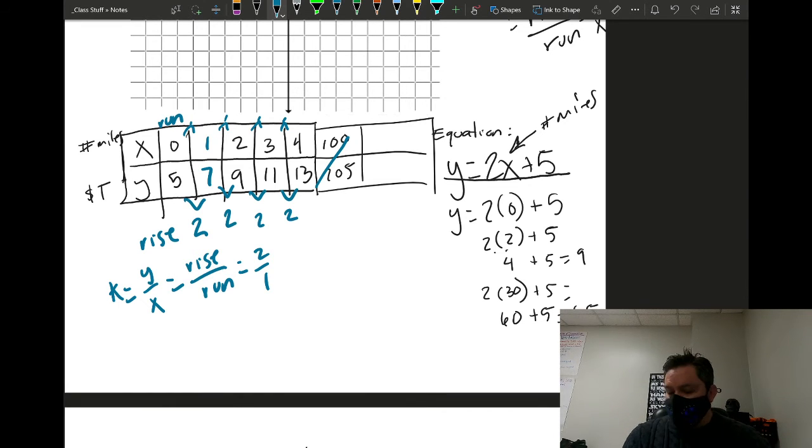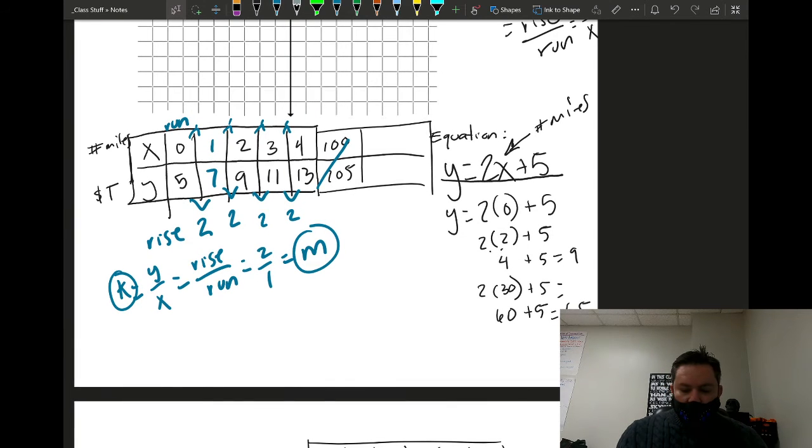The k is now turned into an m, because now we're not talking about constant of proportionality, we're talking about slope. So basically this and this are the same thing. The variable is always going to change. The letter of the variable can be whatever letter you want.